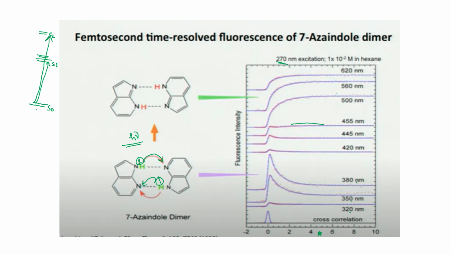Now, the total conclusion of this observation is that as this first signal starts to decay and diminishes, a new signal arises, and this signal is at a longer wavelength.